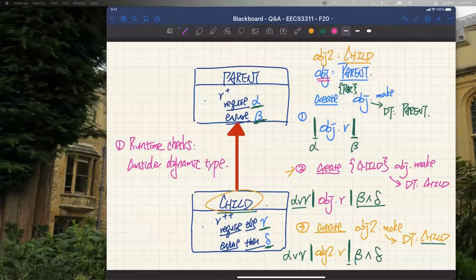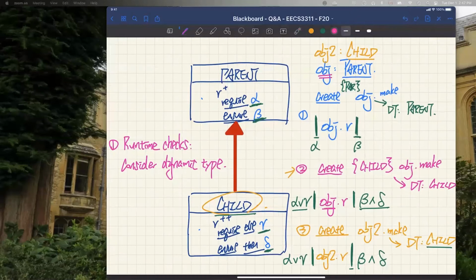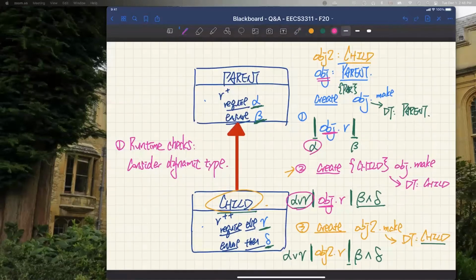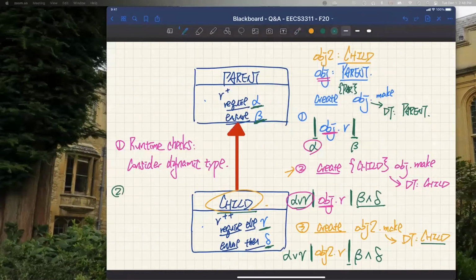That's exactly what we're doing. For example, you can see here the dynamic type is actually child, versus the dynamic type over here is the parent. So you can see what's really checked at runtime might be different. So that's number one. I think what you might be confused about is number two. And number two is more about the design time analysis that we have to do about expectation.